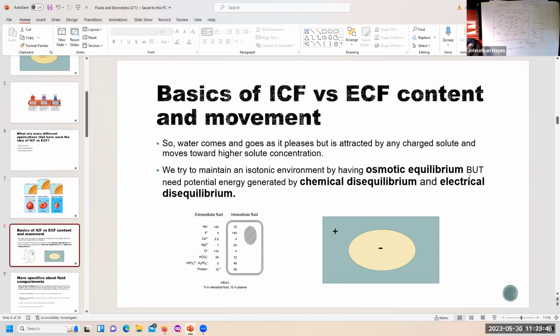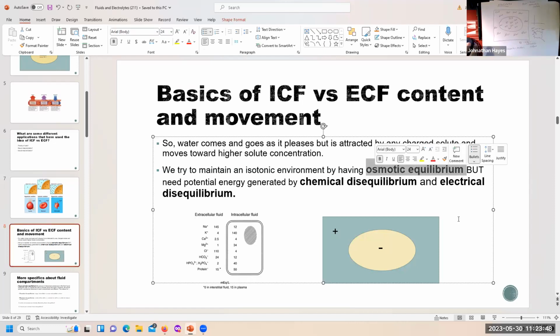So osmotic equilibrium, this is something that the hypothalamus sets. It says we should have this many milliequivalents per liter in the ECF and this many milliequivalents per liter in the ICF. And then the kidneys are trying to kick out stuff as needed, trying to retain things as needed. So if I take in a very salty solution, then my kidneys are going to be working in overdrive trying to pee out that excess sodium chloride, right?